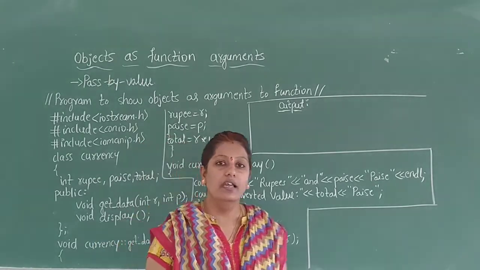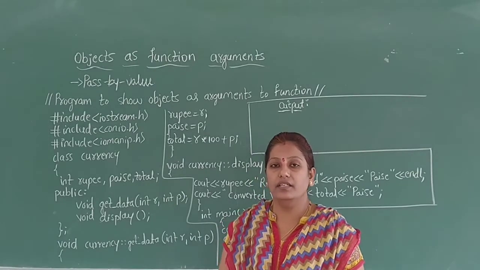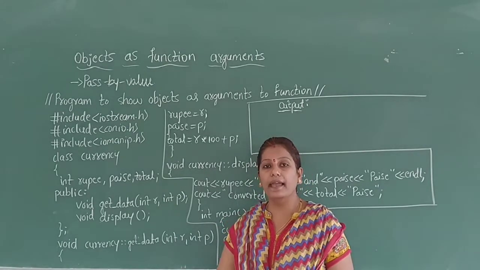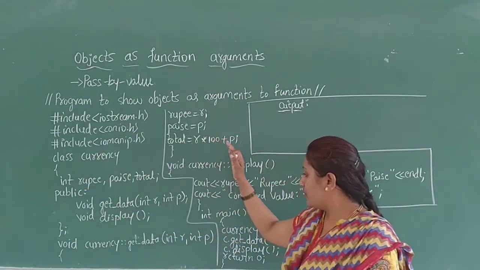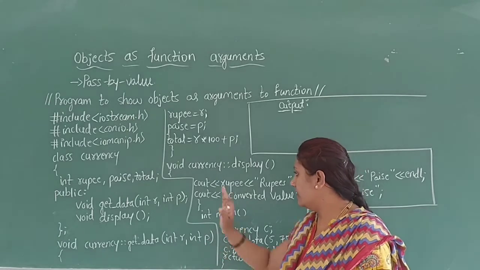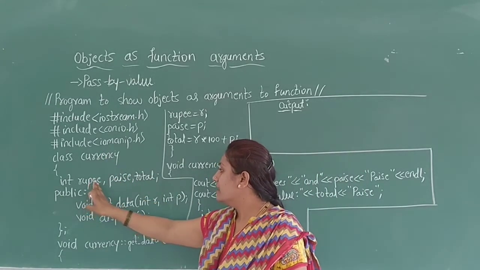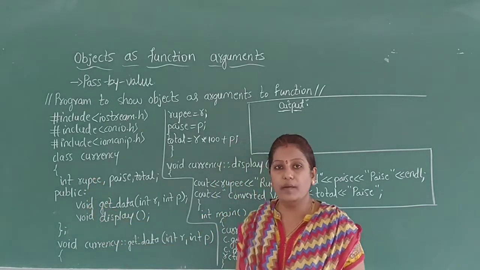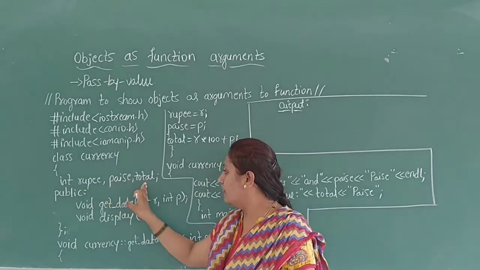Yes, we'll trace out the program and see how each statement is executed one by one. Program execution always starts from the main function. Here it first creates a class currency and reserves memory space for the data members rupee, paise, total.